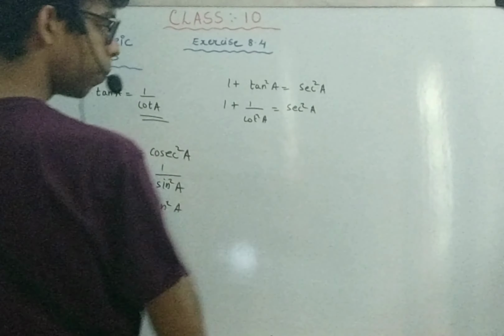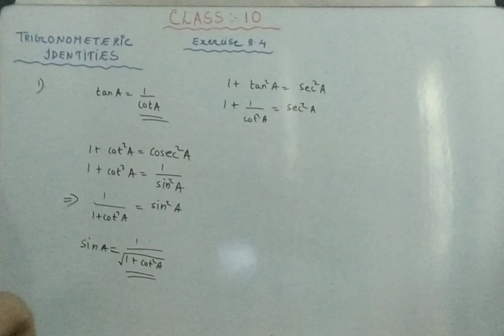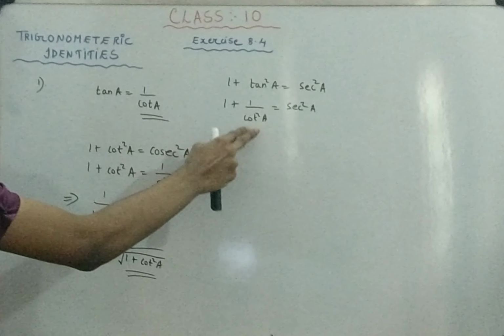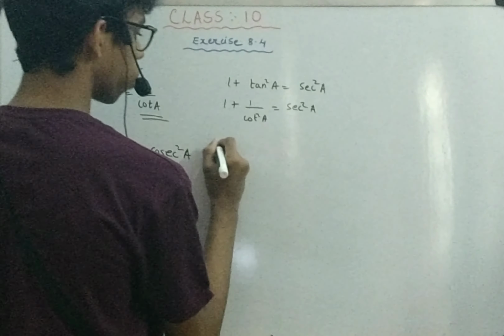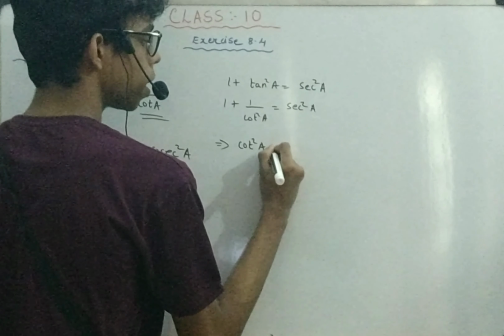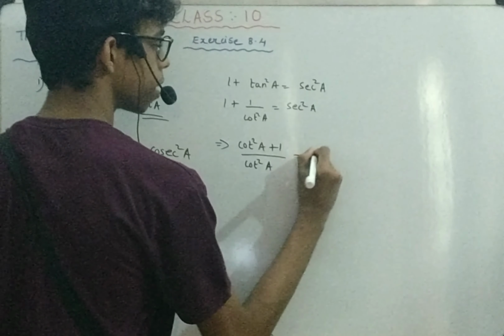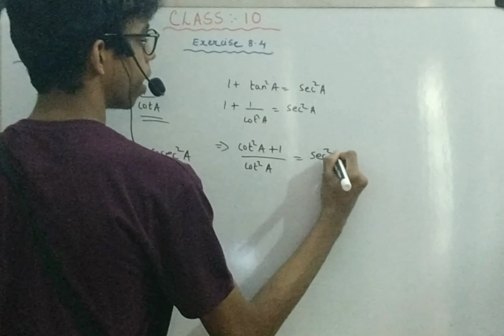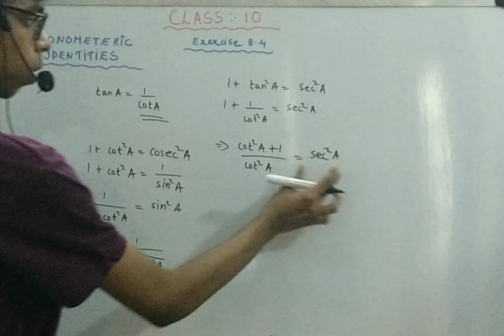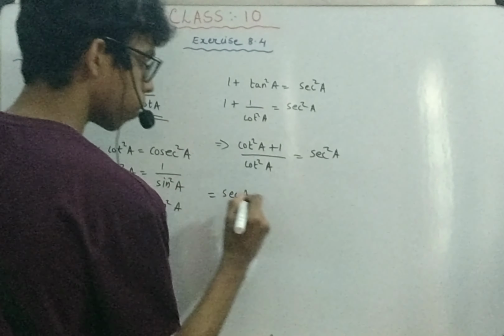Sec square. Now we need sec in terms of cot, so we can simplify this. You can cross multiply. So you will be getting cot square A plus 1 divided by cot square A is equal to sec square A. So what will sec be?